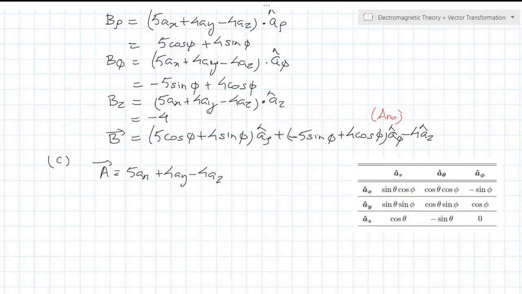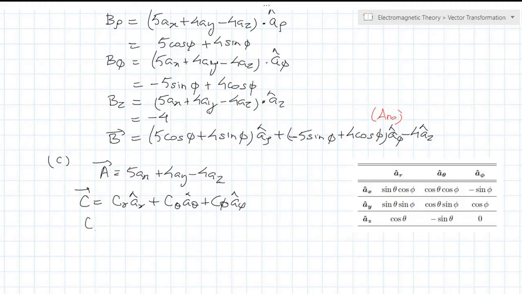We have to convert this vector into the spherical coordinate system, and let us imagine that the answer that we are going to come up with will be named capital C. So it will be CR AR, C theta A theta, and C phi A phi, because we have to find the result in the spherical coordinate system. These are the coefficients that we have to find.